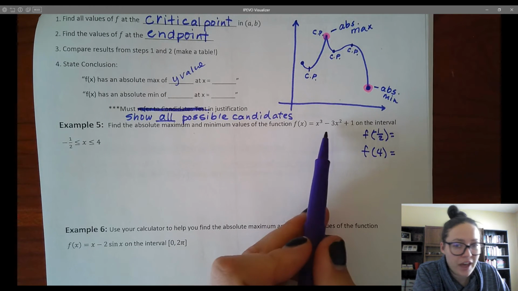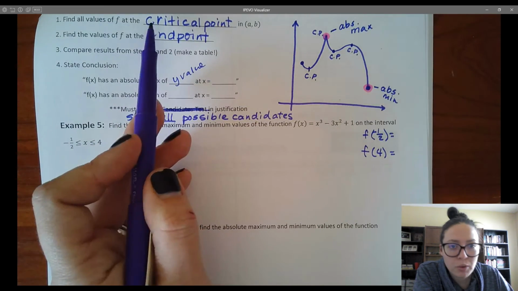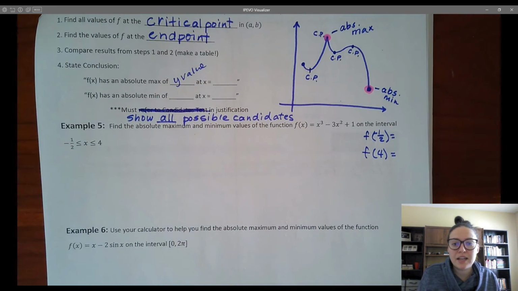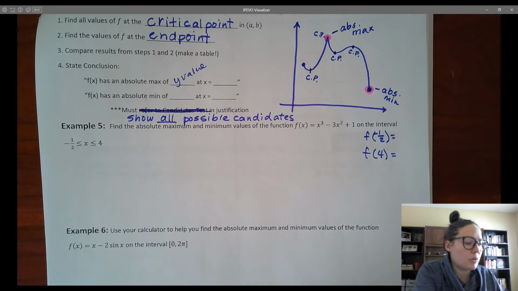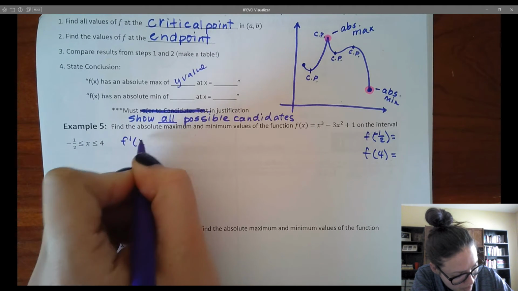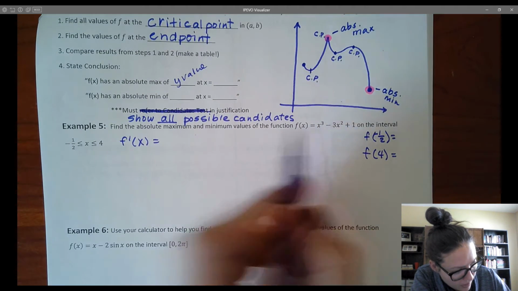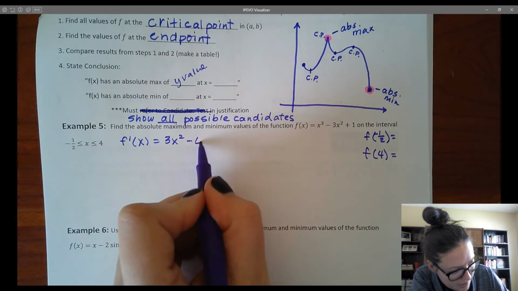So to find critical points, remember a critical point is where our derivative is either equal to 0 or is undefined. So my derivative, we're going to get 3x squared minus 6x. All right, this is never going to be undefined.